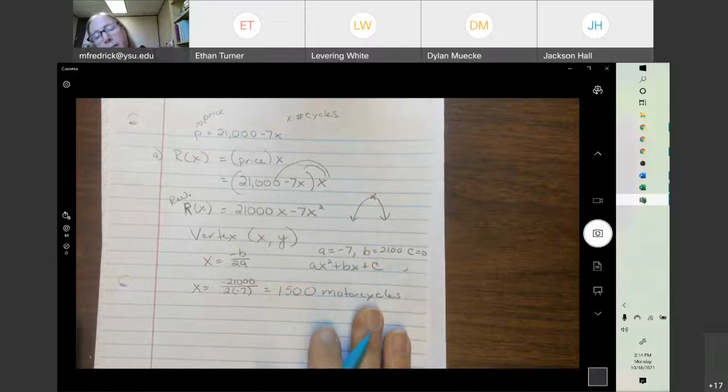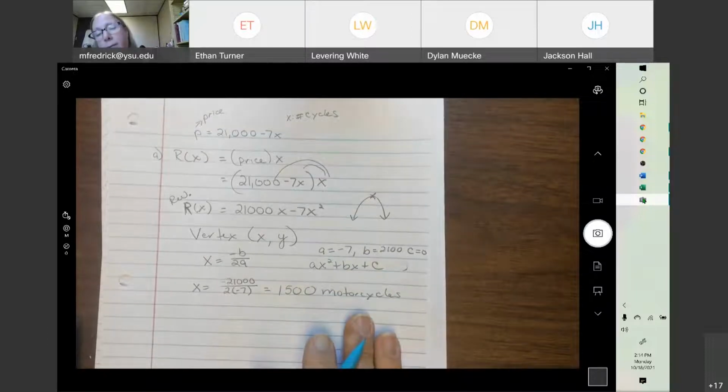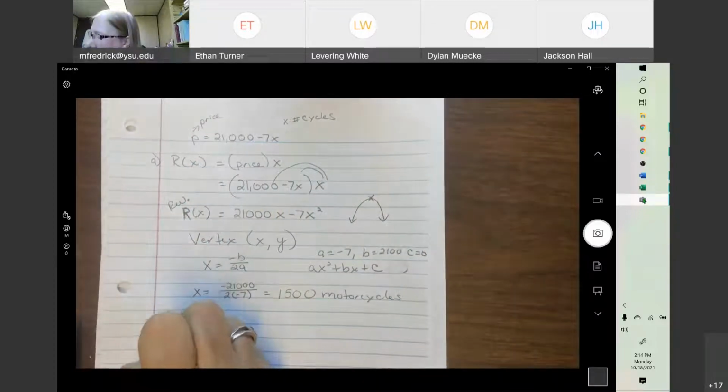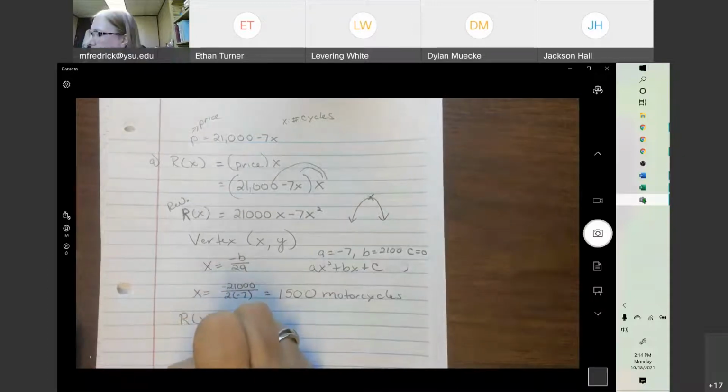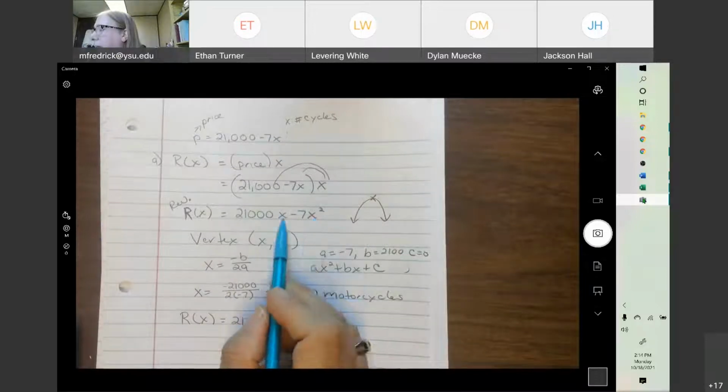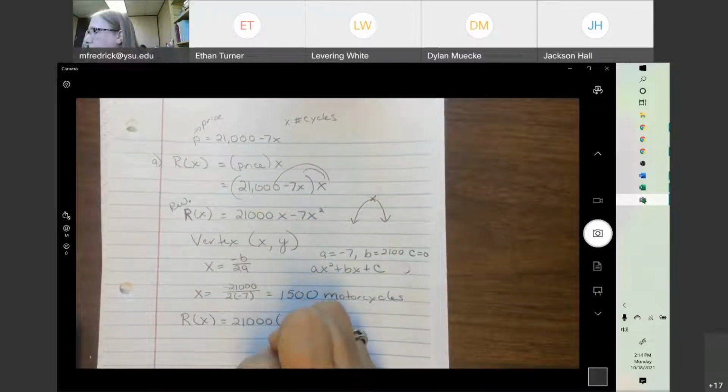Now I need the price I sell them for and the revenue. Revenue, use the revenue equation. If we use this equation, in place of X we put the 1,500.